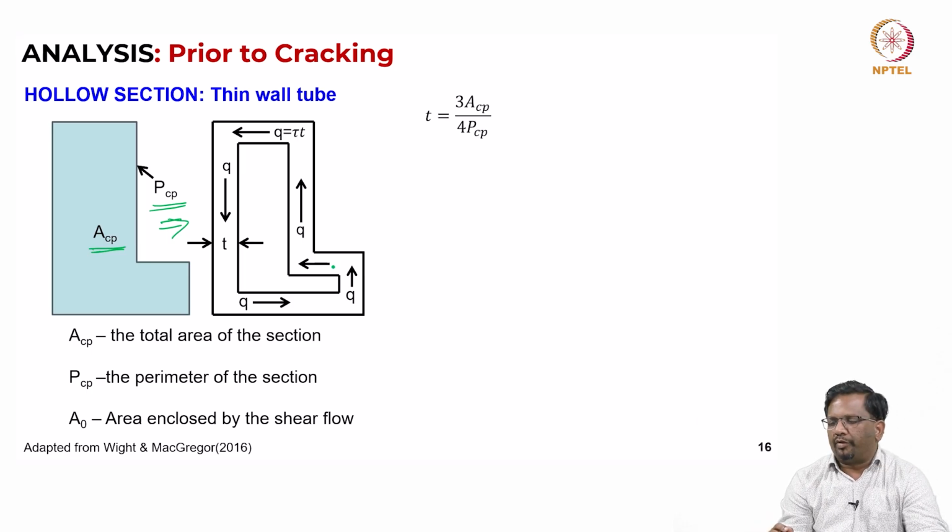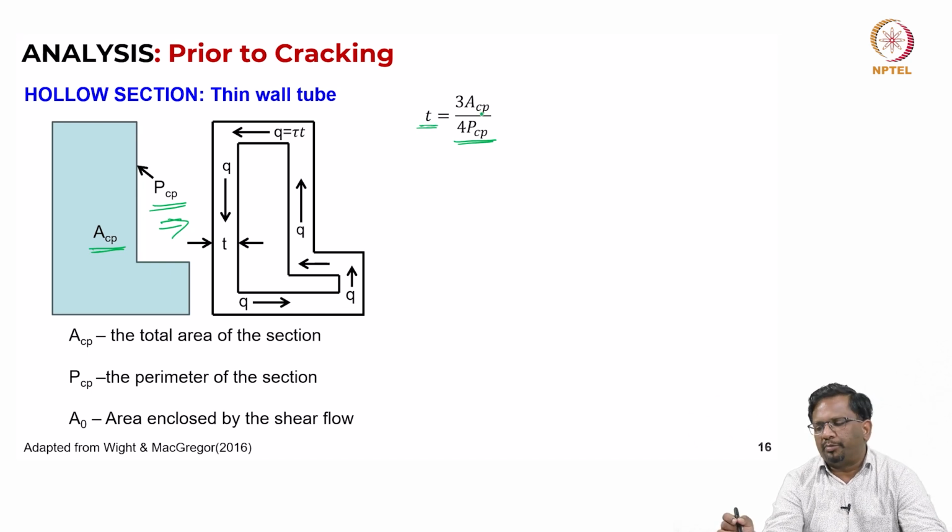So, typically people have found that if you take thickness as 3/4 of ACP by PCP, then it is a good approximation as a hollow tube. Okay. People have done some experiments, and if I take thickness of that tube as 3/4 of ACP by PCP, then it closely predicts the experimental observation.